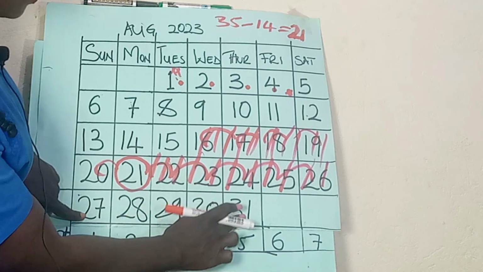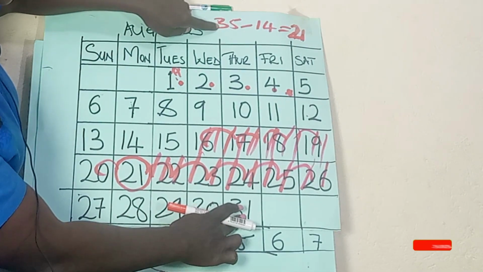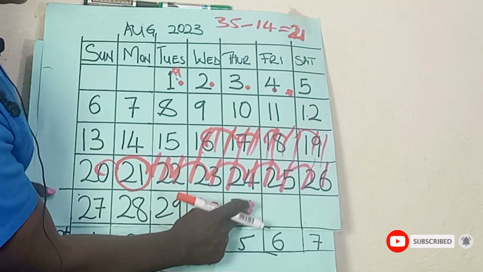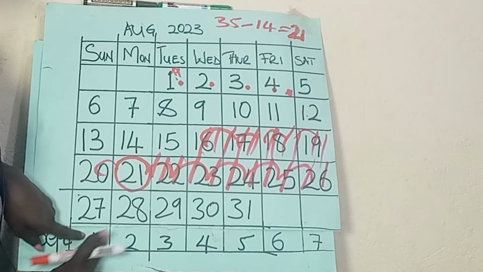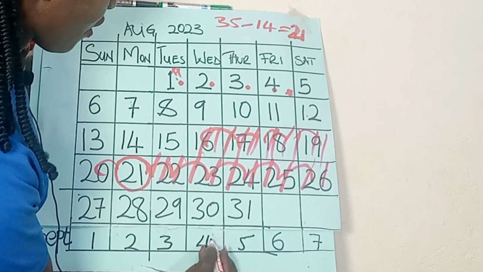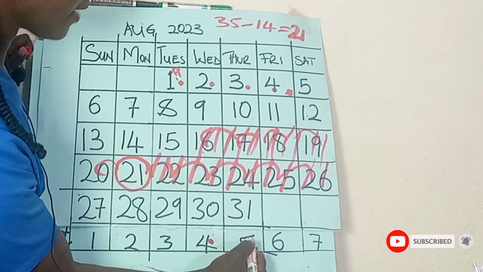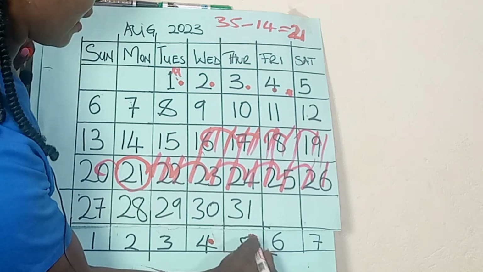So we are going to continue counting since she has a cycle of 35 days. We need to go up to day 35. So this is day number 31, 32 on 1st September, 33, 34, 35. Meaning her cycle ends here, and she's going to start her period on the 36th day.